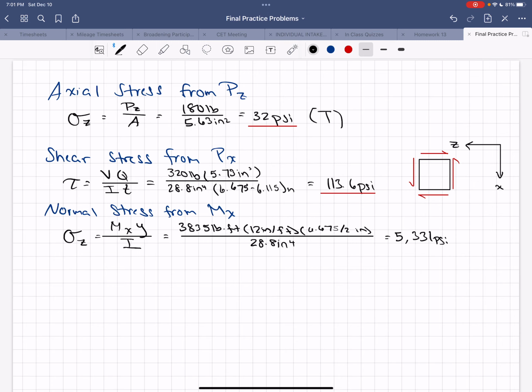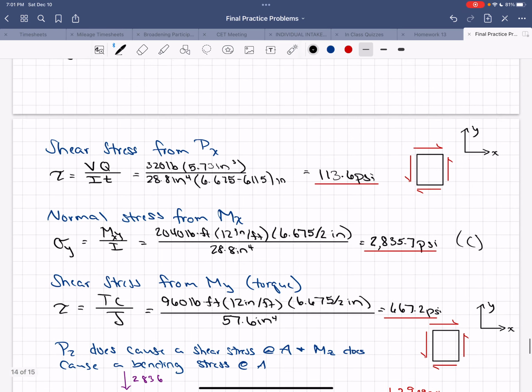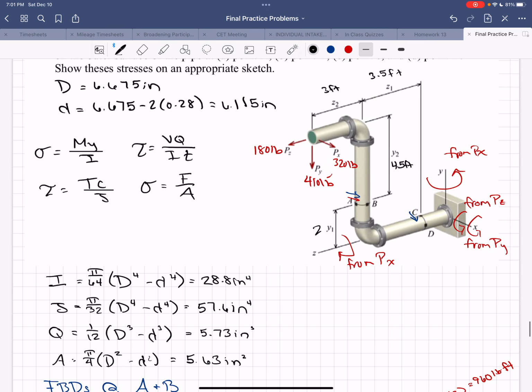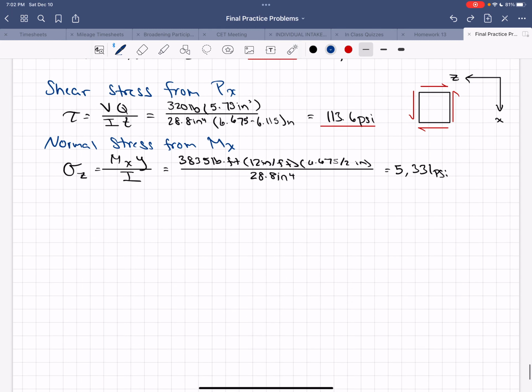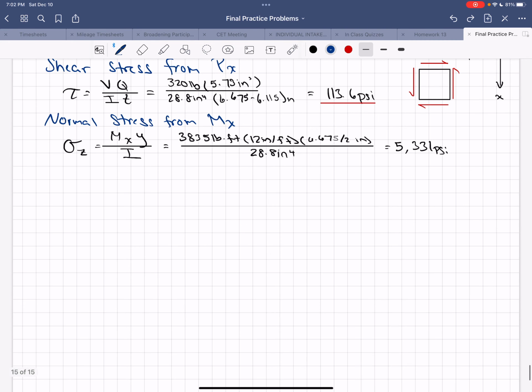Now we go look to see if this is in compression or tension. So this is from the moment about X. So we're going to be bending it this way, so it's going to be in tension. C is in tension. Underline that, that's important. And it's in tension.